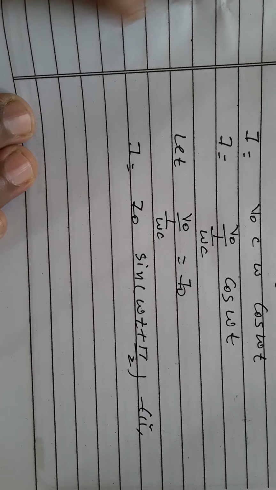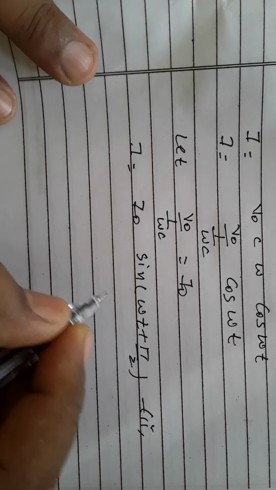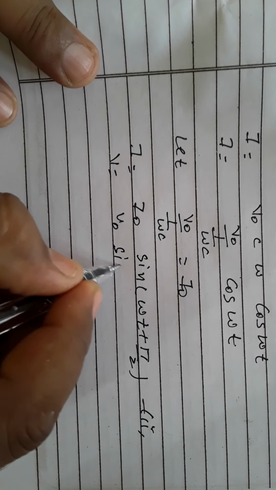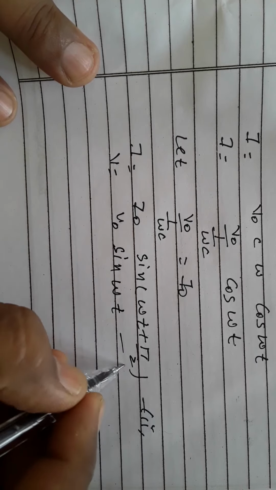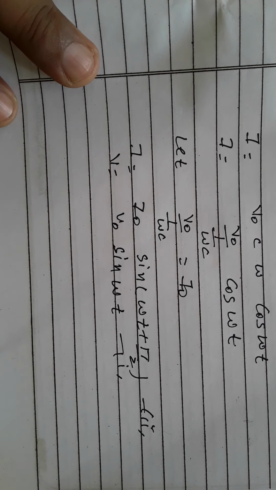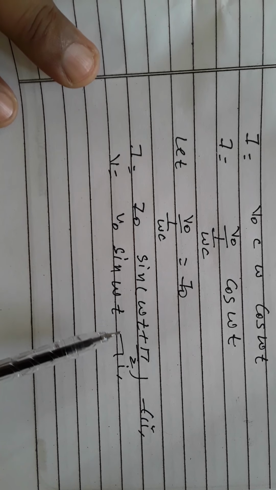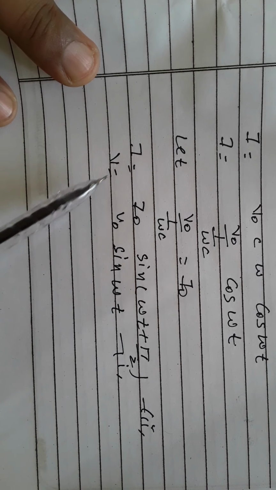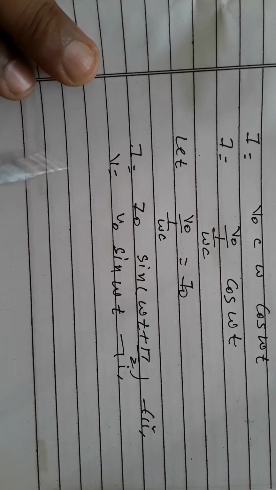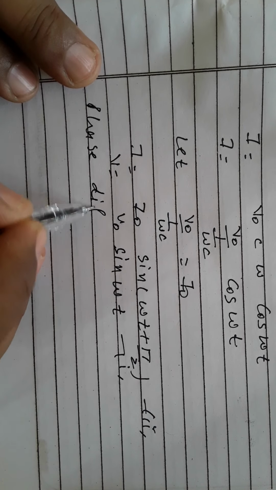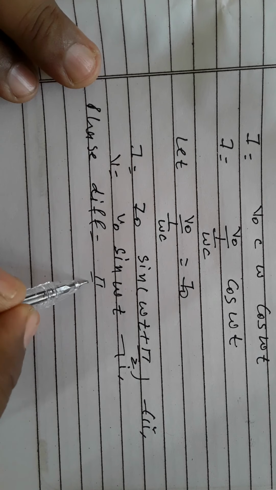In equation number first, we have considered V is equal to V naught sin omega t. If we compare first and second, then the phase difference between voltage and current is pi by 2.